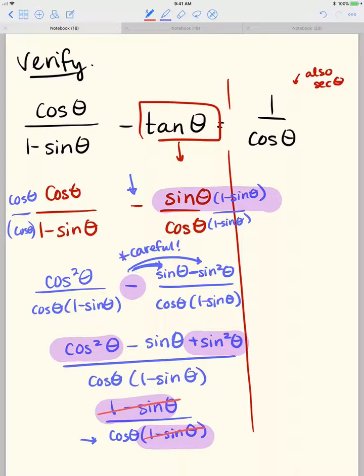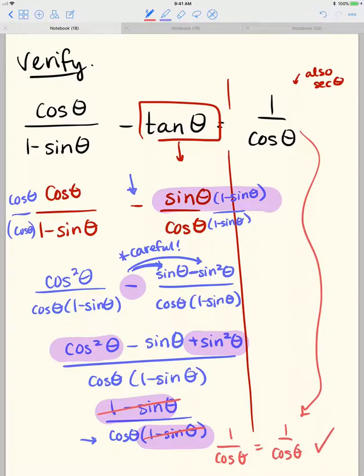Quantity for quantity. You can't cancel the 1 with the 1, the sine with the sine, but the quantity of 1 minus sine theta will cancel numerator and denominator, and you're left with 1 over the cosine of theta, which is what we were trying to verify for our equation. So we're good. We verified.